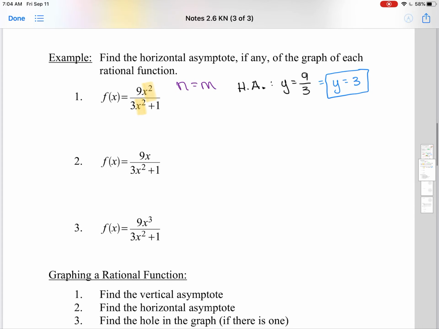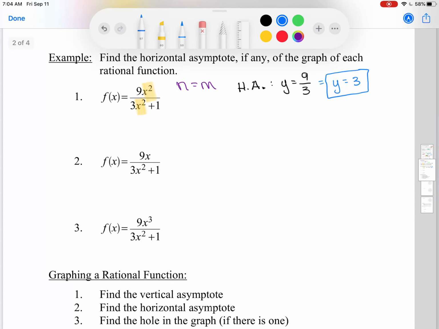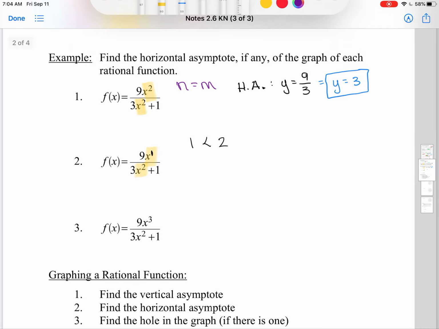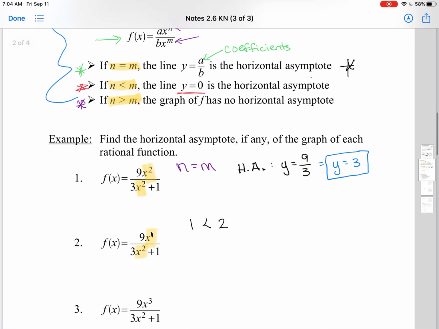Remember to review the rules at the top as we go if you need to. We'll do the same thing. Look at the variables. Focus on their exponents. On the numerator, the exponent is technically a 1. So right now, I know that 1 is less than 2. So if I go back up to my rules, I'm going to have to use the second rule, if n is less than m.